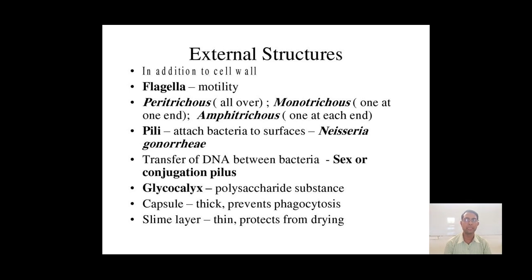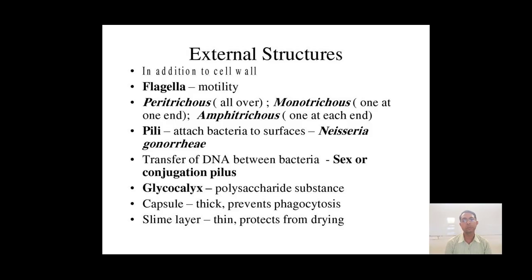Along with the flagella, there is a presence of pili, which are useful for attachment of bacteria to surfaces, and they also help in the transfer of DNA between bacteria of two different sexes by the conjugation method.